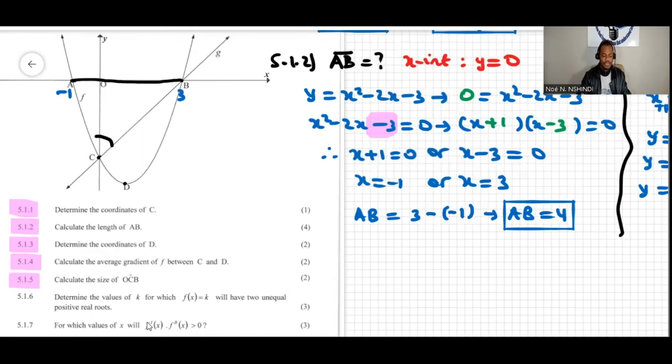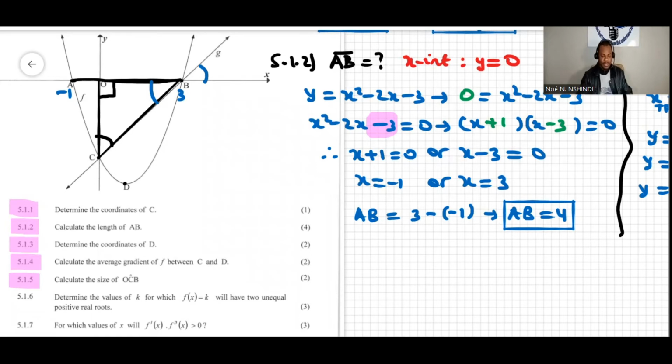Before I continue, I want to notice that this forms a right angle triangle at O. We can find this angle, and we know that this angle is equal to that angle because they are vertically opposite.